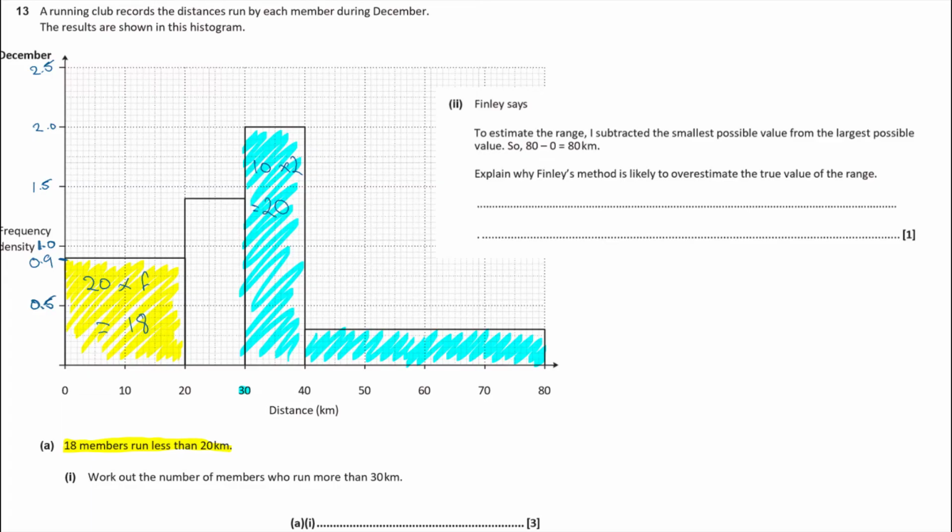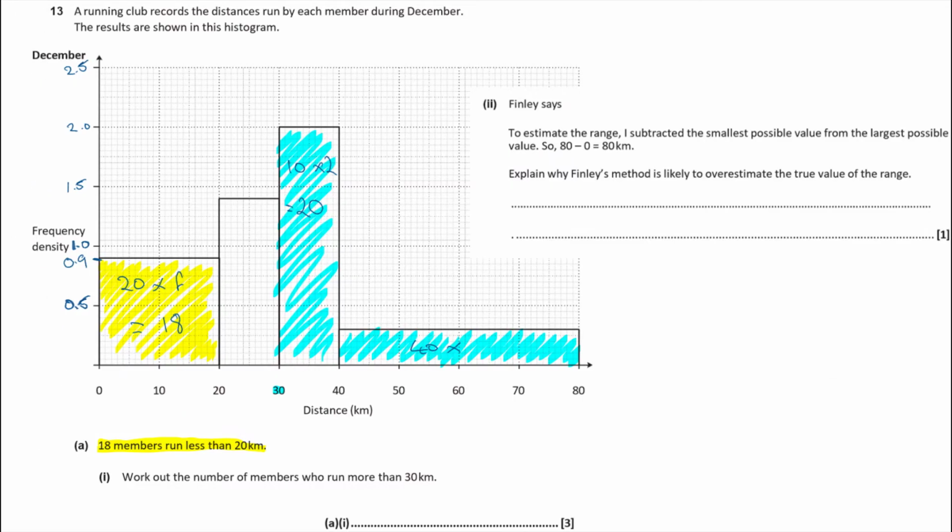And on the other one, the class width goes from 40 to 80, so that's got a class width of 40 times a height of, it's 1, 2, 3, 4, 5, 6 little boxes up. So what's that going to be, 0.3, I think. If it's 6 boxes, each box is going to be 0.05 because there are 20 in one.